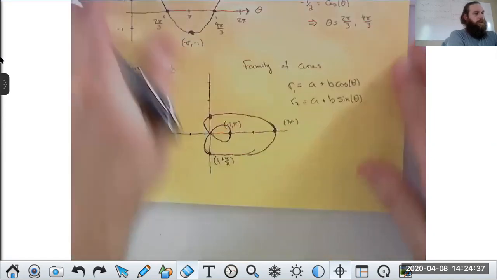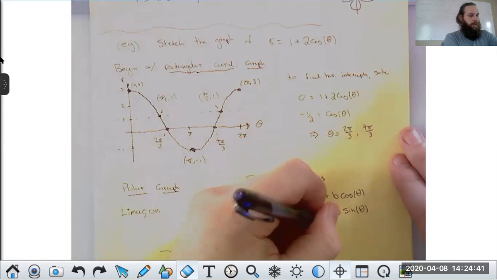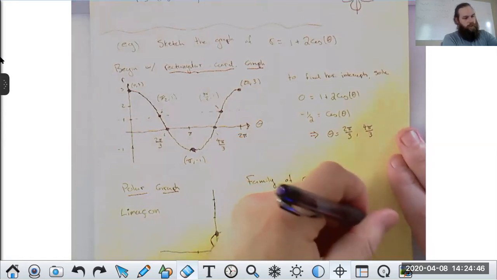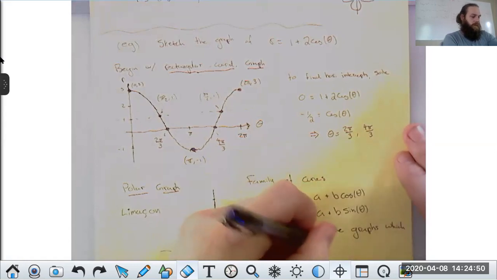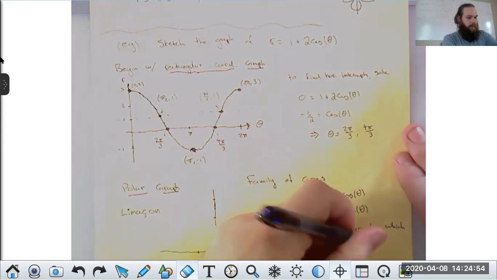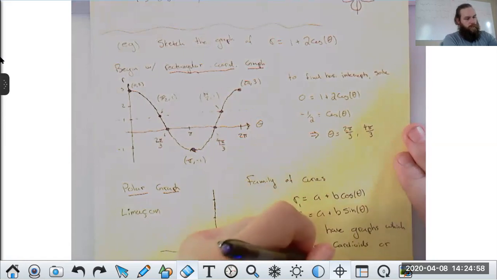So these are graphs which are cardioids or limaçons.